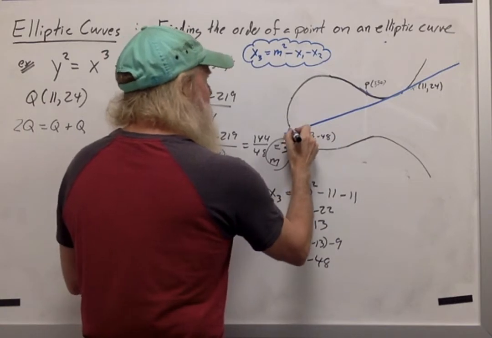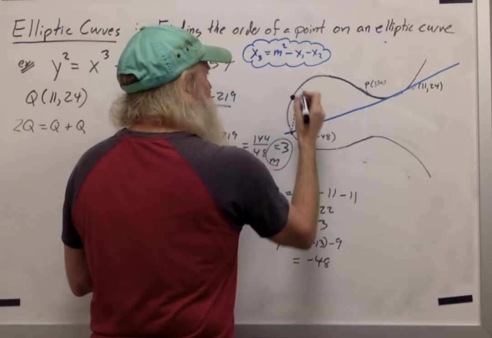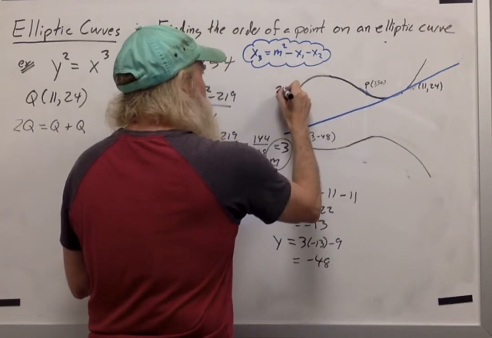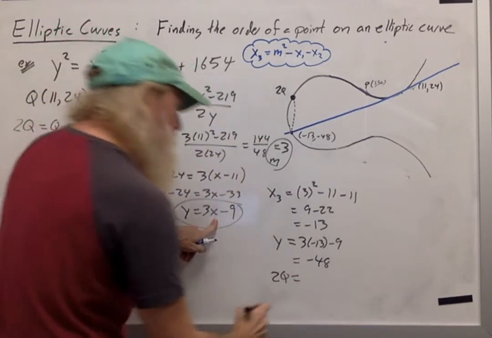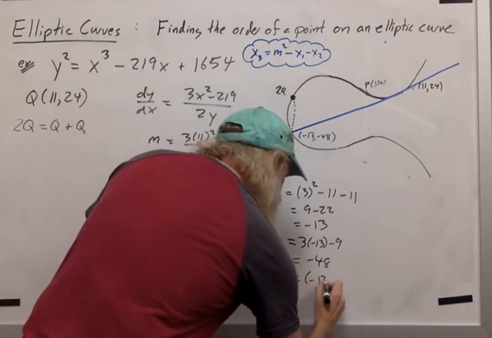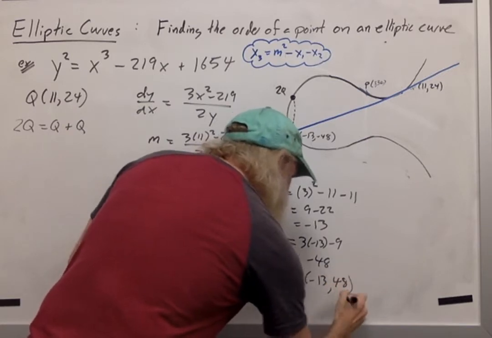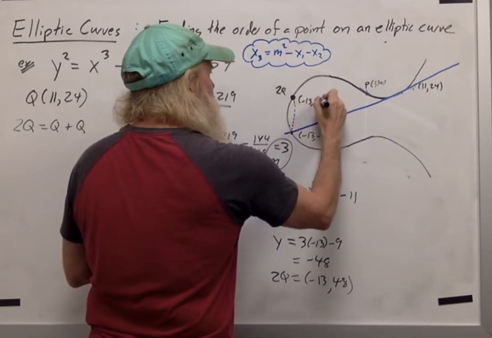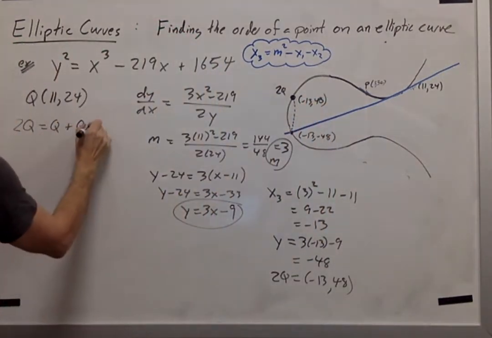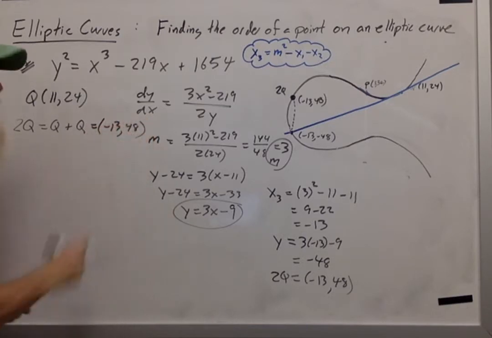And then I reflect that across the x-axis to get 2Q. So 2Q is going to equal (negative 13, positive 48). So 2Q is (negative 13, positive 48).